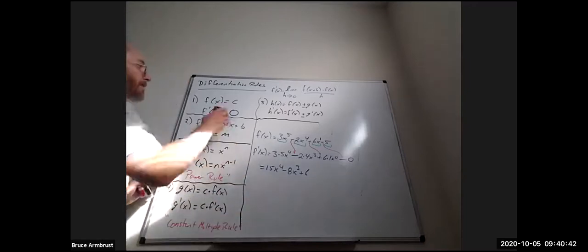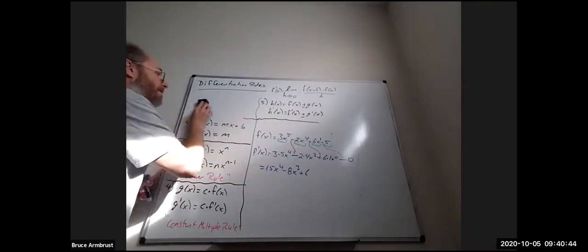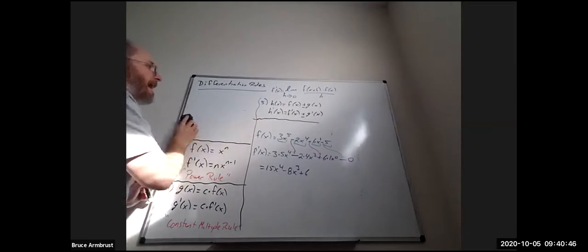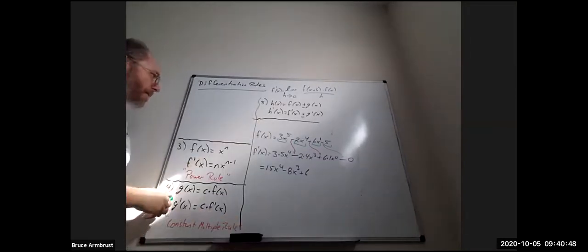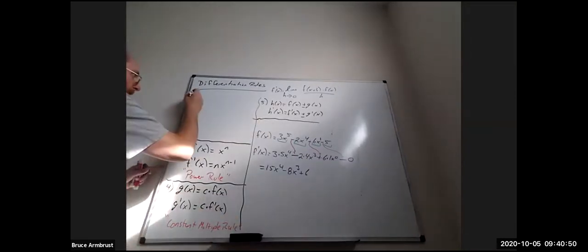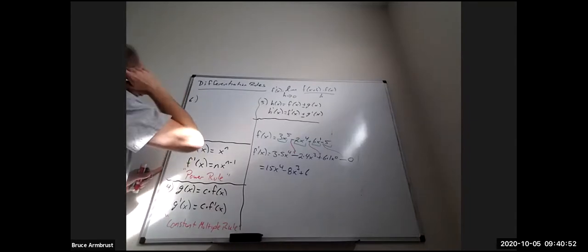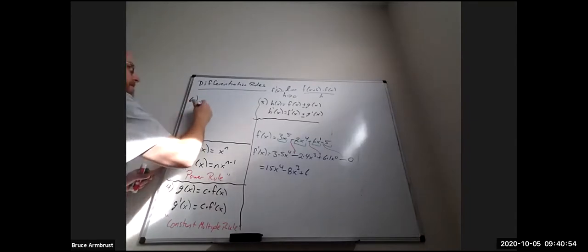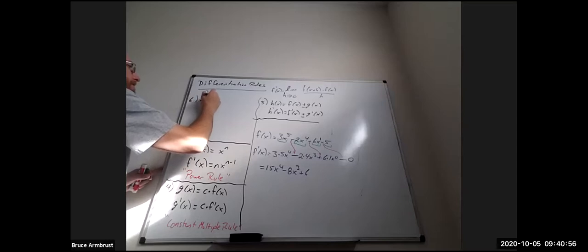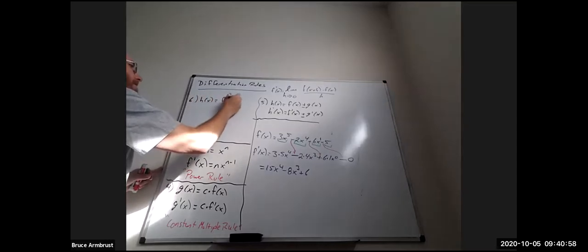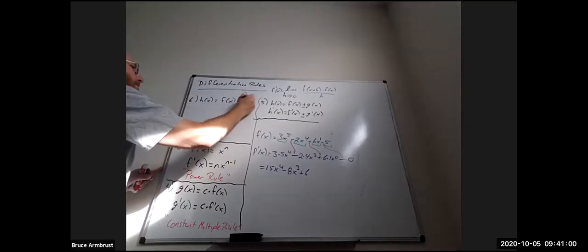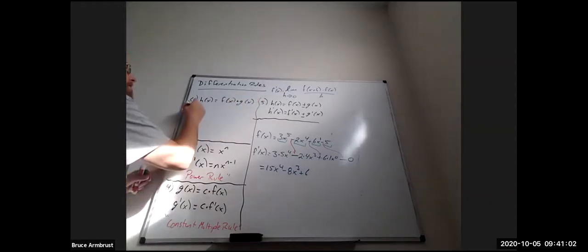And the next one, I guess this is going to be number 6. Now that we've added and subtracted, what about when we multiply? So we're going to have h of x equals f of x times g of x.